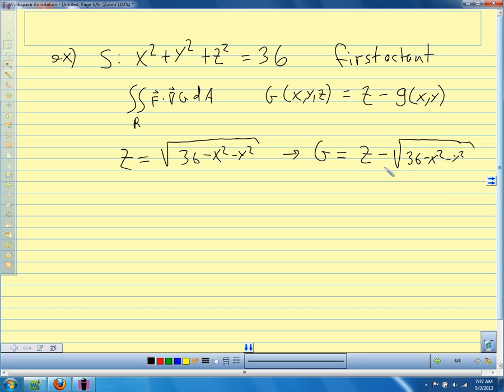So this would be the quantity that I would take the gradient of to find my normal vector. Does that help, Star? This is a place where a lot of students make mistakes: in order to use this expression, we have to write our G of x, y, z in this form in order for this expression to work the way we want it.